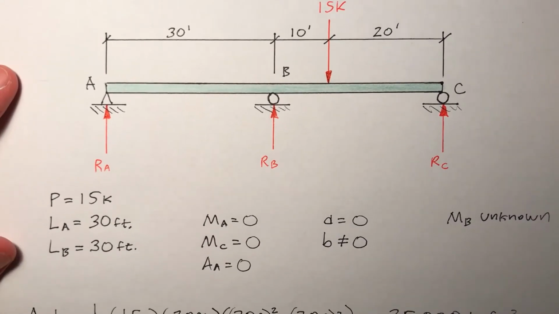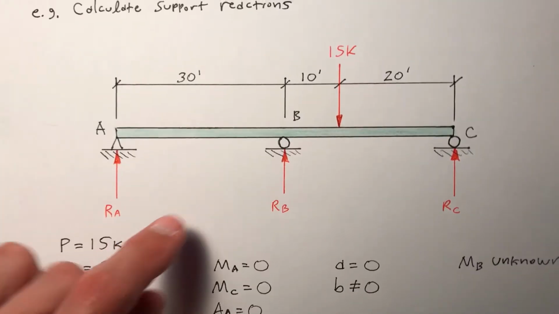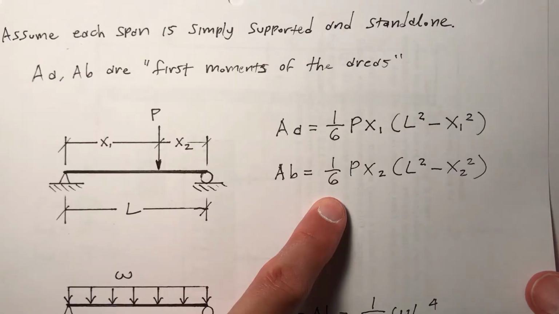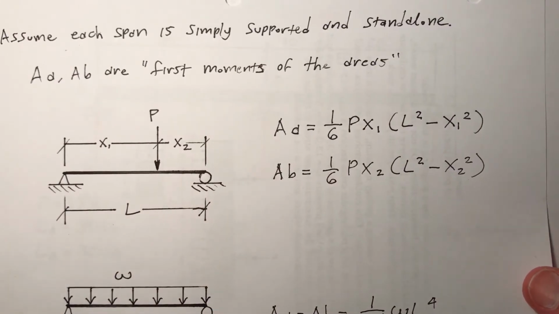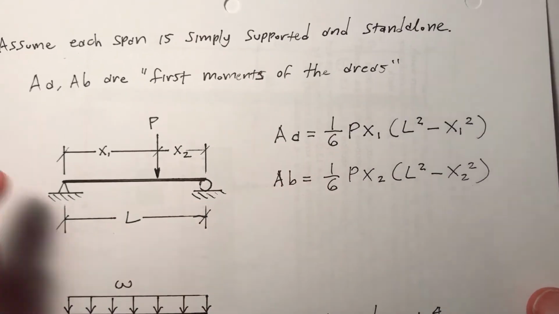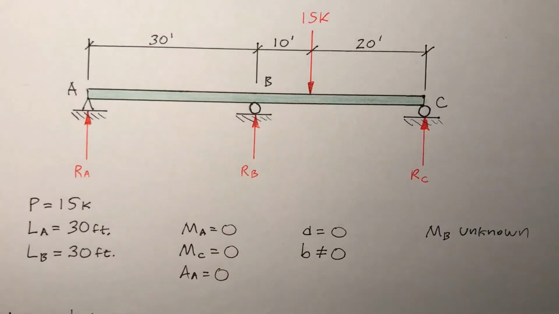M sub B will be unknown. What's M sub B? The moment at joint B. So M sub B is unknown. I should say 1/6 P x sub 2 times L squared minus x sub 2 squared. So I'm going to use this formula to calculate big A times little b.